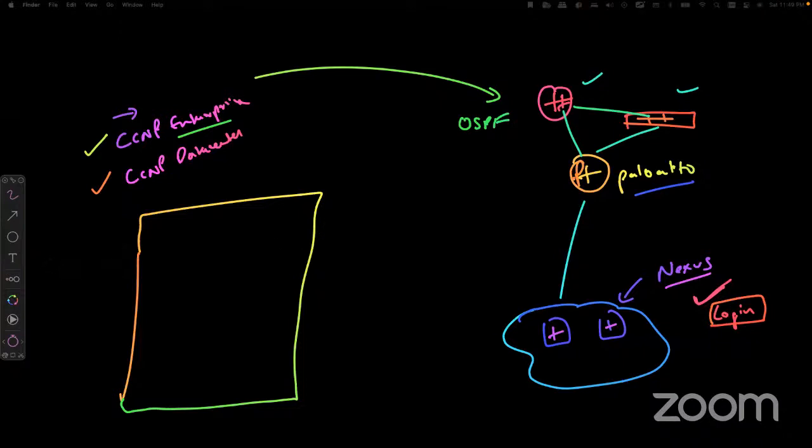When I was at Apple, I had access to Nexus, Palo Alto, and Juniper SRX firewalls. I had access to the Cisco ASR router series, the Aggregation Services Router, and the normal ISR routers, because this is a very big company, and very big companies mean a lot of devices.